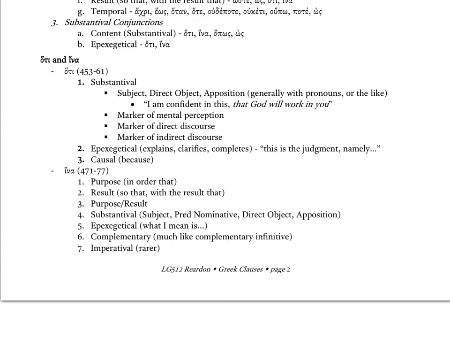Koine Greek is going through a real simplification because it's a language that has spread over a huge swath of the world and used by non-native speakers. And so a lot of the subtleties are going away, like the optative mood, as we talked about. So often we find it in the subjunctive, but in the New Testament we do find a few places where the indicative is used. Don't read too much into it, and think about it specifically in those contexts, what it means. So let's look at hoti and hina more closely.